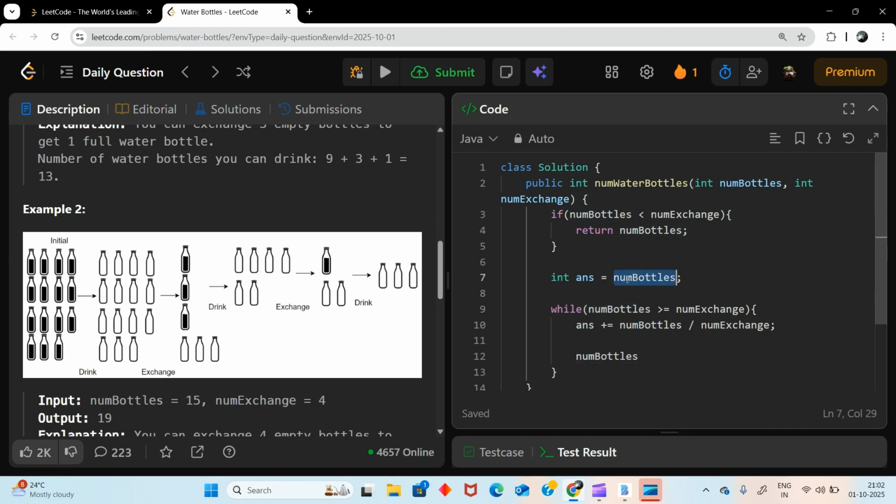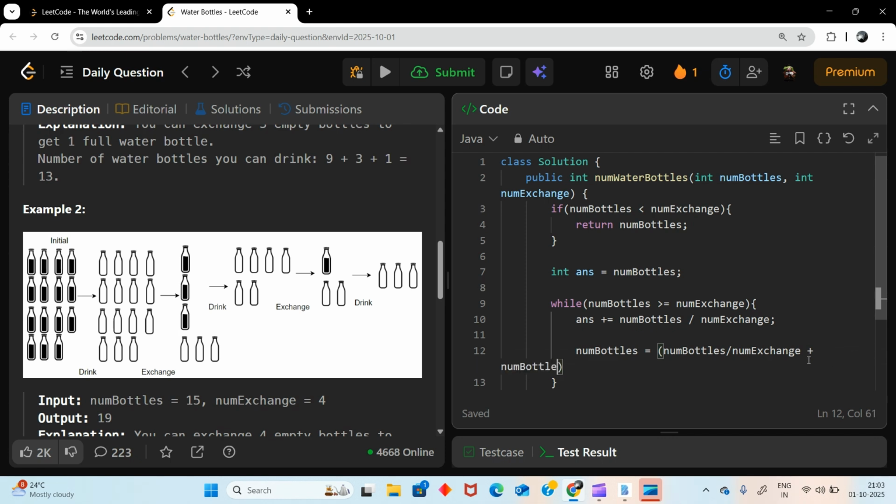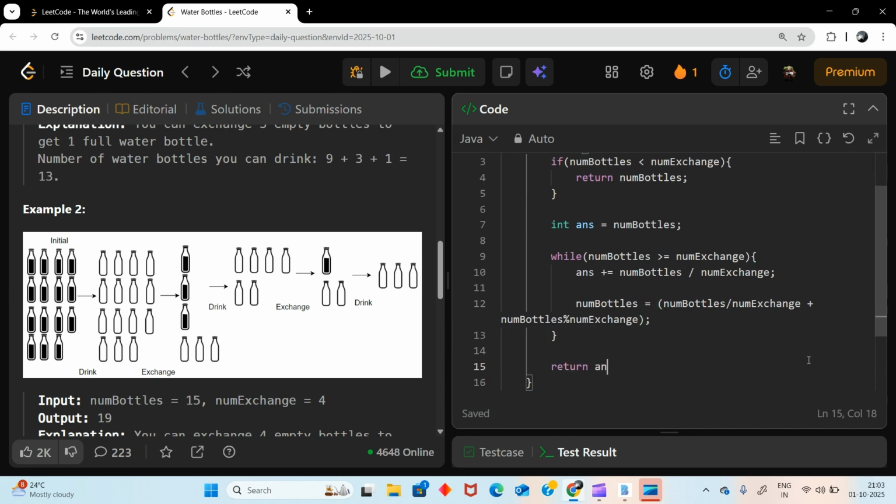So number of bottles will be number of bottles divided by number of exchange, the full bottles I got in return, plus the remaining empty bottles, number of bottles percent number of exchange. At the end we will return our answer.